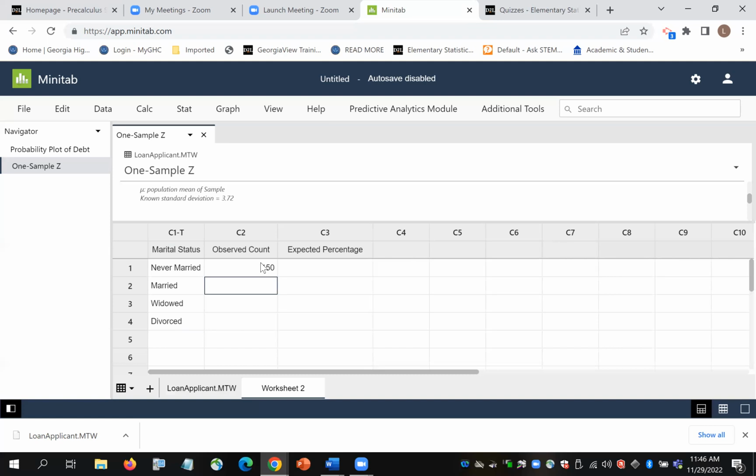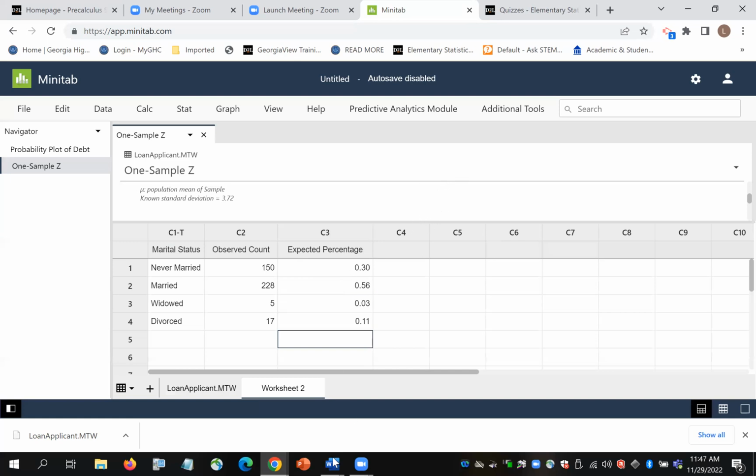Again, double check, make sure you put the numbers in correctly. 228 married, 5 were widowed, and 17 divorced. The percentages stated in the research were 30% had never married, 56% had married, 3% were widowed, and 11% divorced.